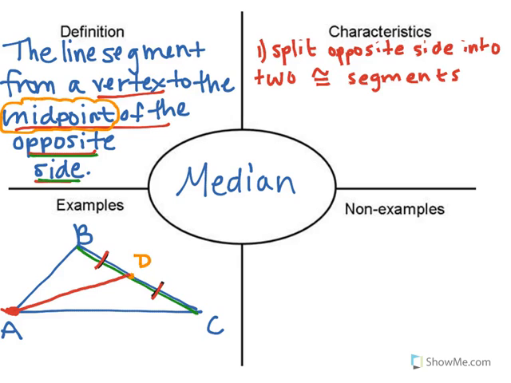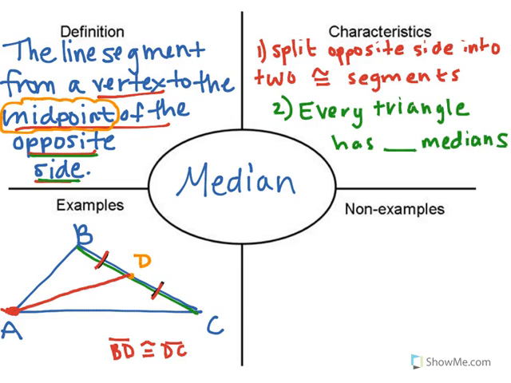In this case, the median AD split this into two segments, BD was congruent to DC. Secondly, another very important characteristic is how many medians are in each triangle. If the median is a segment from a vertex to the midpoint of the opposite side and a triangle has 3 vertices, that means that every triangle has exactly 3 medians.